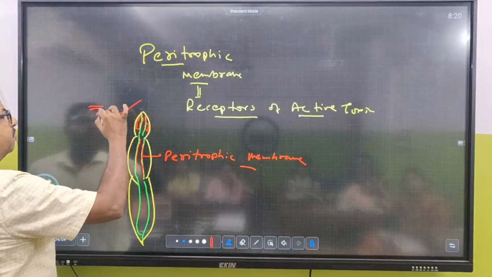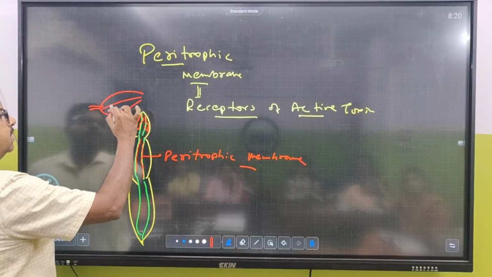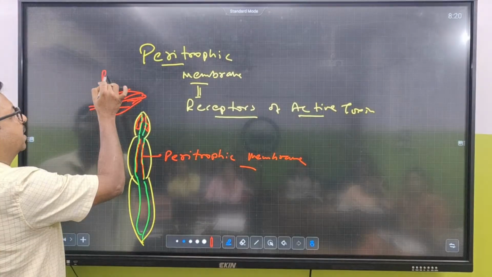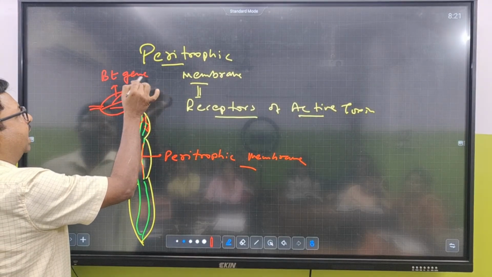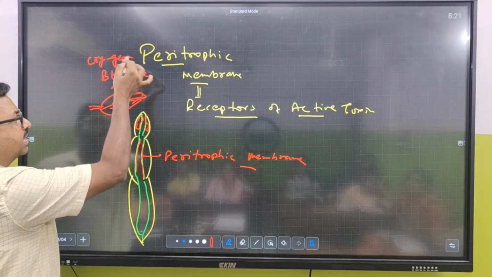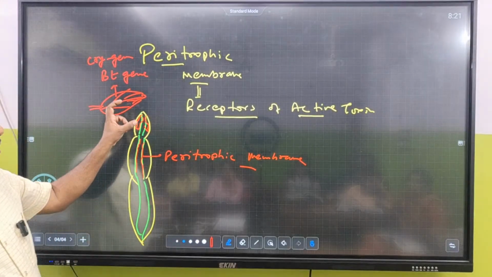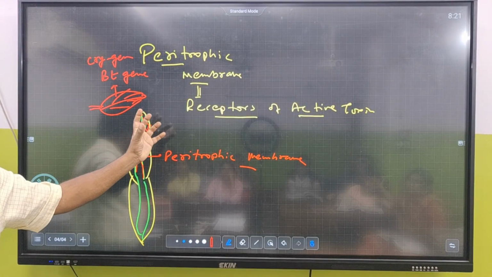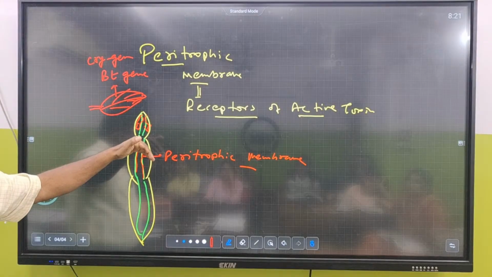The moment they feed on the leaves or any parts of the cotton plant, as this cotton plant already has the Bt gene called Cry gene, that remains in inactive form. But the moment they feed on it, the salivary gland secretes alkaline secretions, which make it an active toxin.